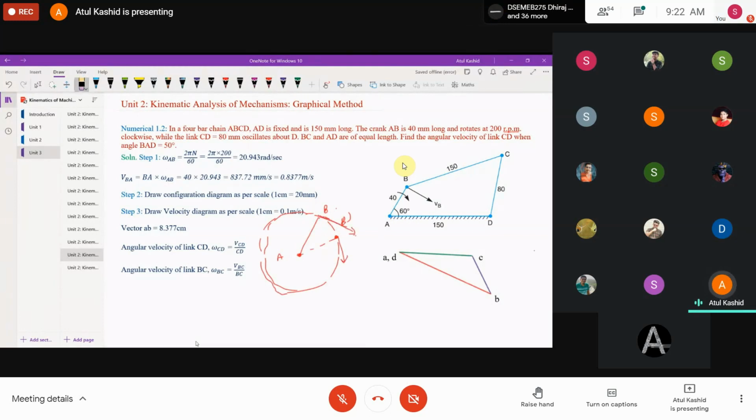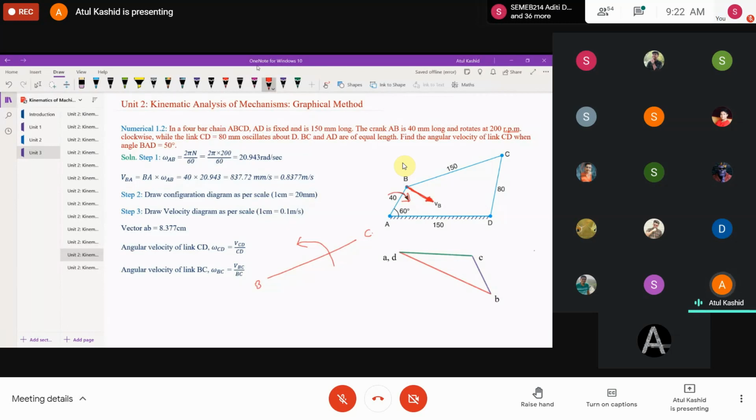So for the link AB, we can see that the velocity is perpendicular to the link, right? For example, they have shown over here, this is the velocity B, okay? If we consider the connecting rod is like this, now we know that when this crank rotates in the clockwise direction, this connecting rod is going to rotate in the anti-clockwise direction.